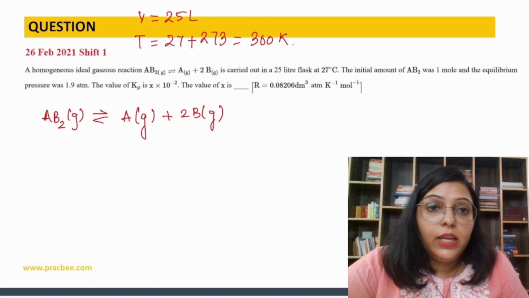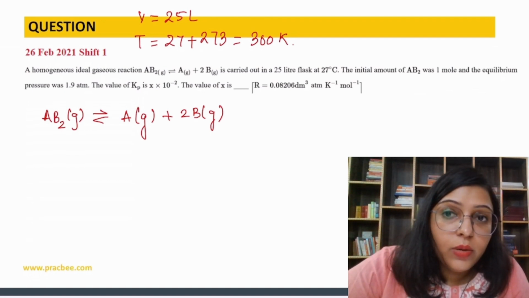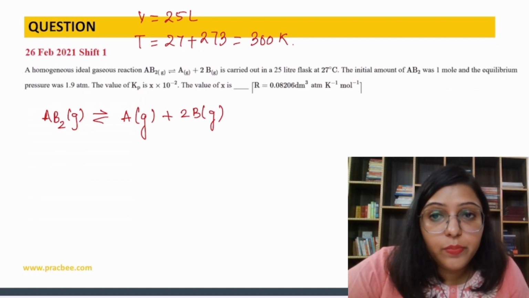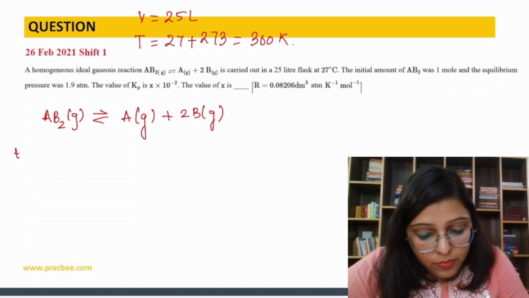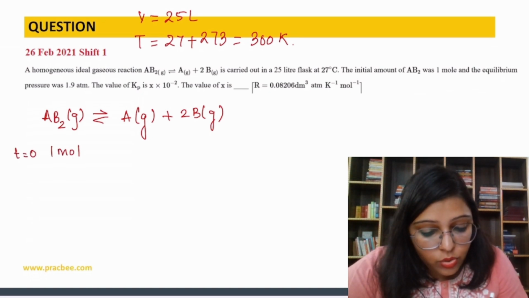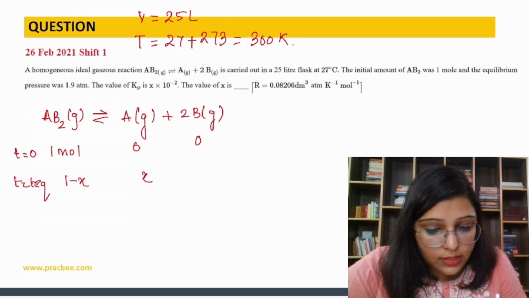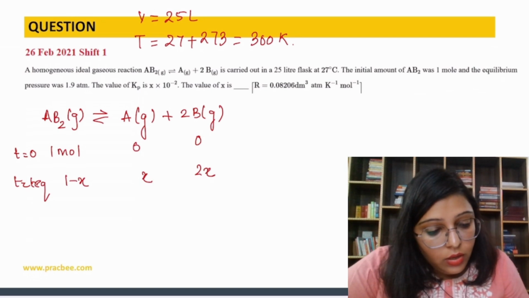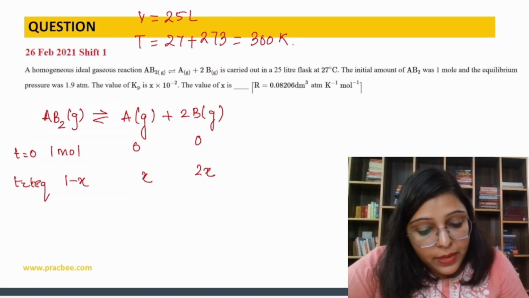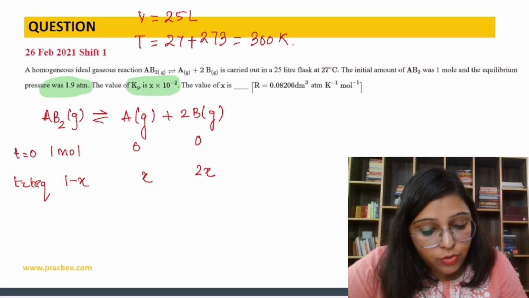Initial amount of AB2 was 1 mole and the equilibrium pressure was 1.9 atm. At time T equal to equilibrium, we write 1 minus x, x and 2x. The value of Kp we have to find out.